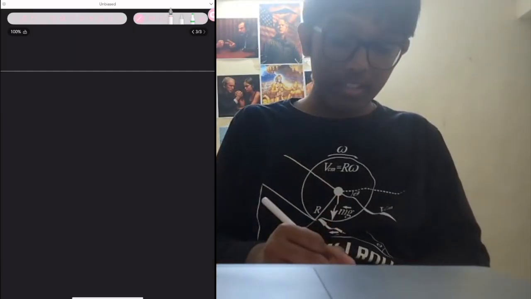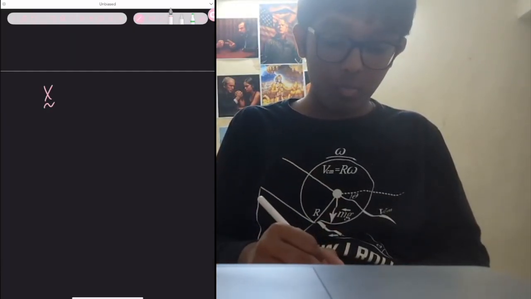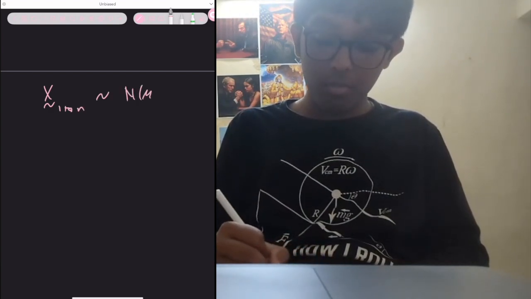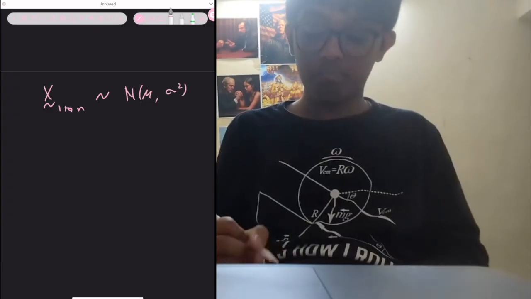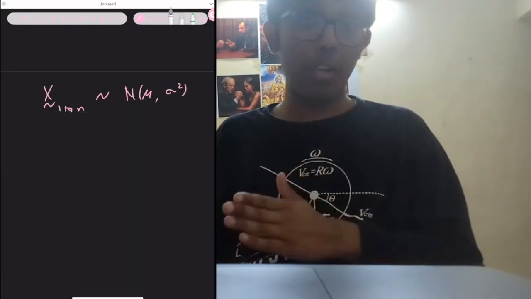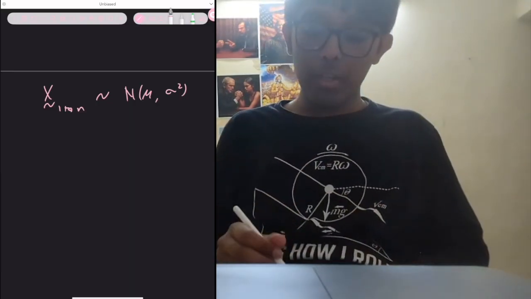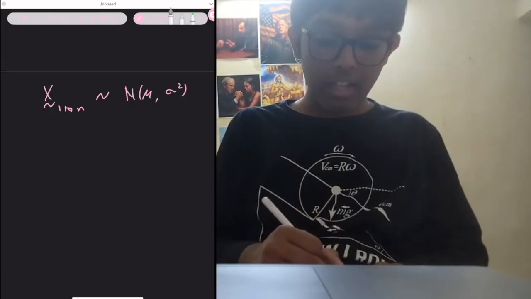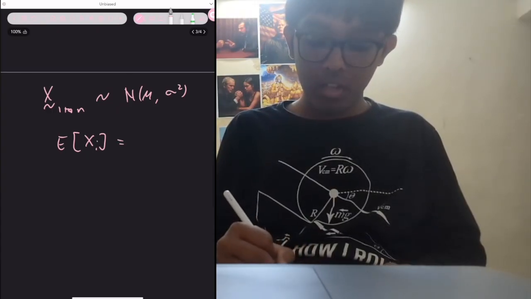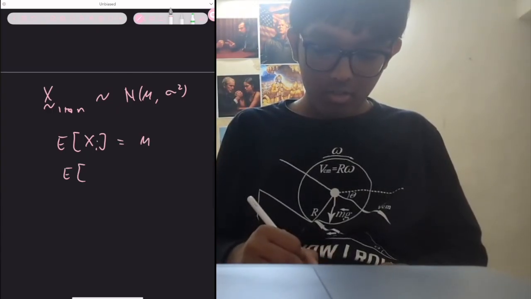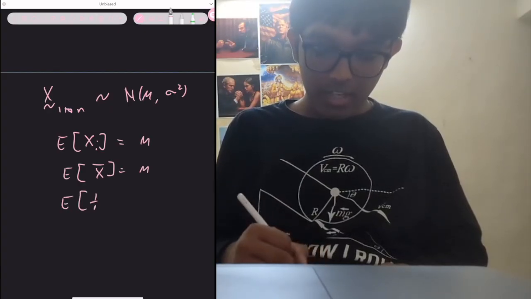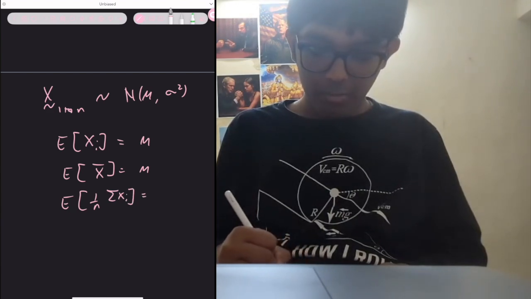fix a distribution. So let's say we have the sample xi from 1 to n drawn from normal mu comma sigma square. So we have a normal distribution centered at mu with a variance sigma square. Now mu is basically defined as the expectation value of xi, or also expectation of x bar is equal to mu, which is equal to expectation of 1 by n summation xi is equal to mu.